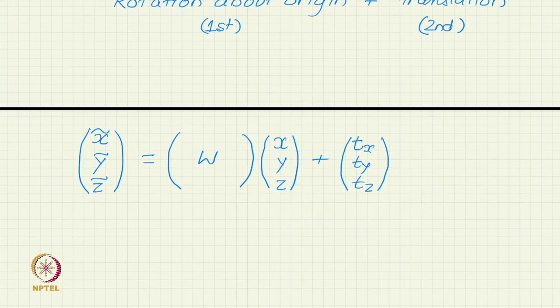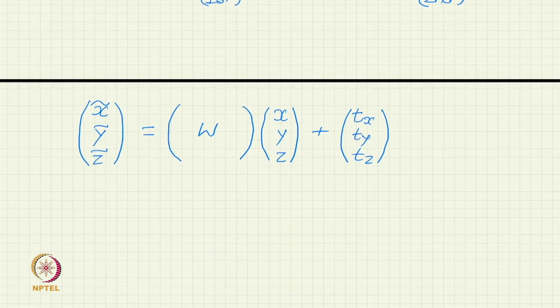This can handle both rotation and translation. So, to represent this in a little bit more concise fashion, Frederick Seitz was a famous solid state physicist. So, he introduced this notation, which is called the Seitz notation.